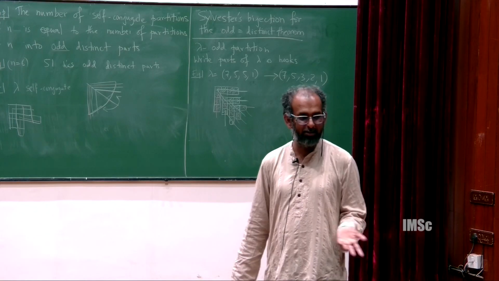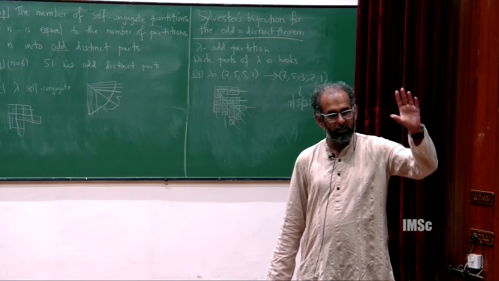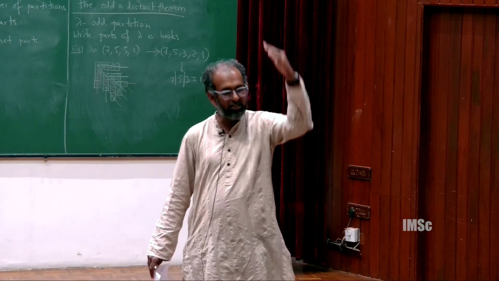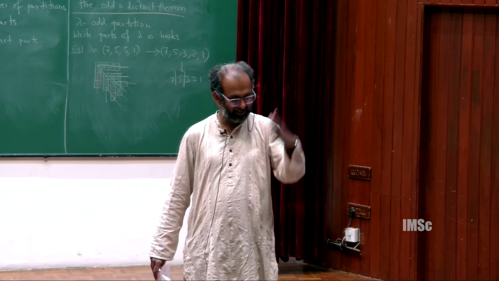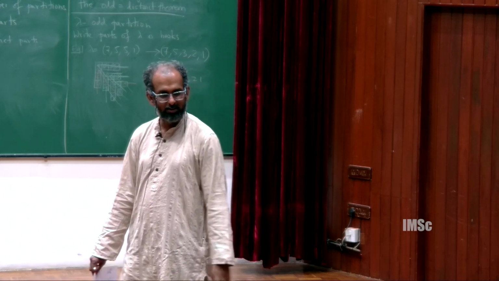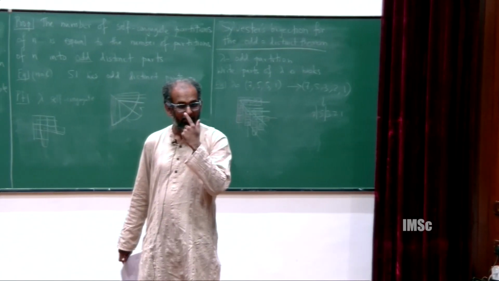So a computer was a real person. There were books which just listed the number of partitions up to 10,000 or whatever, just numbers. So Ramanujan stared at those things and he found this pattern.